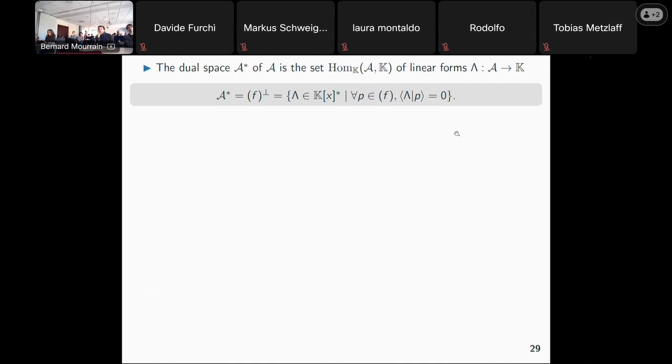It's a space of linear functionals defined on polynomials, which are orthogonal to F and all the multiples of F. So they are orthogonal to the ideal generated by F. A star, the dual of the quotient, is this space: F orthogonal, the linear forms which vanish on all polynomials which are multiples of F.